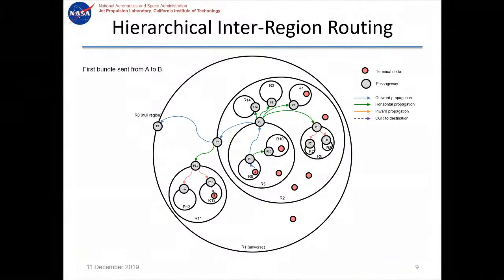And eventually it percolates down, and the propagation of probe messages that discover the topology of the network automatically results in all of the passageway nodes learning which nodes they can convey bundles to and which ones they can't, so that subsequent communication from this node to this node follows a well-established path that doesn't have to be created manually. It's just discovered automatically by the operation of the network.